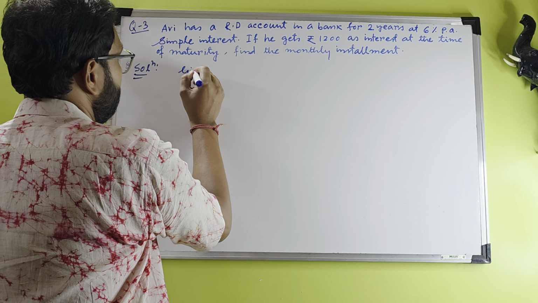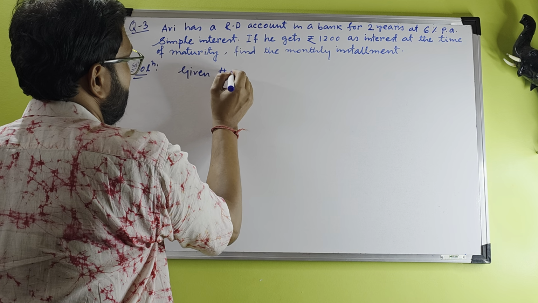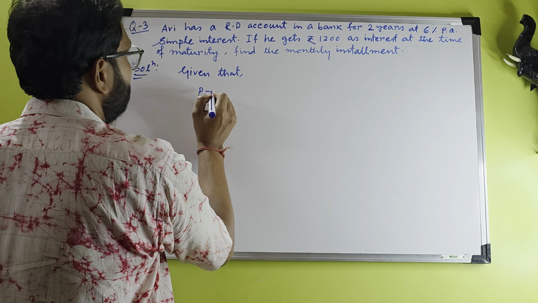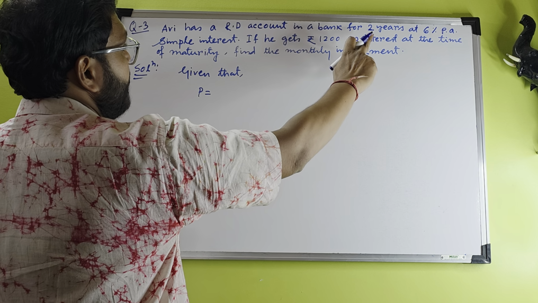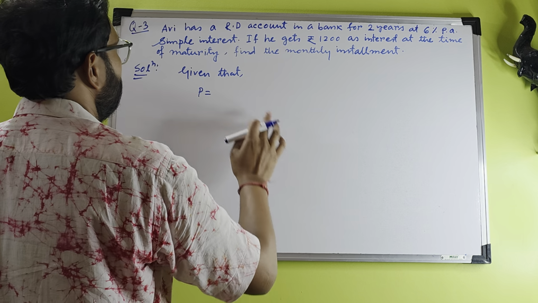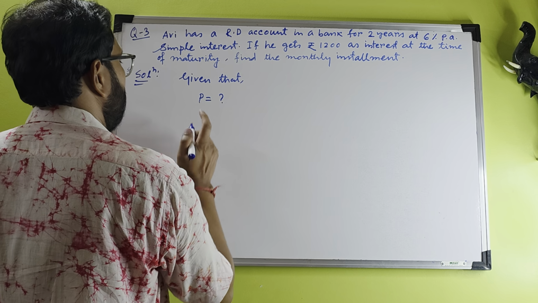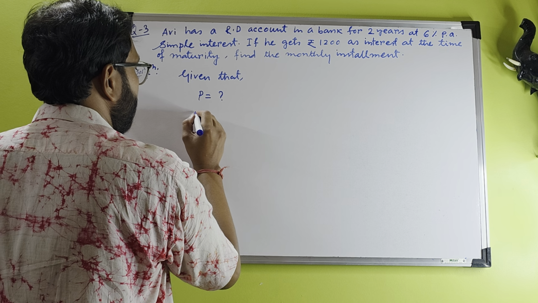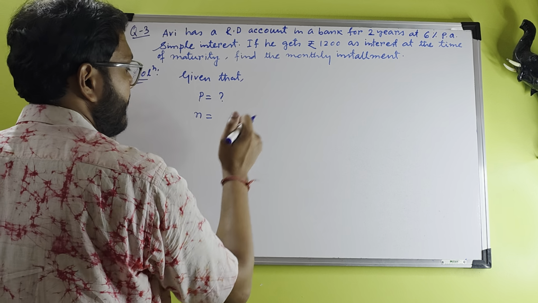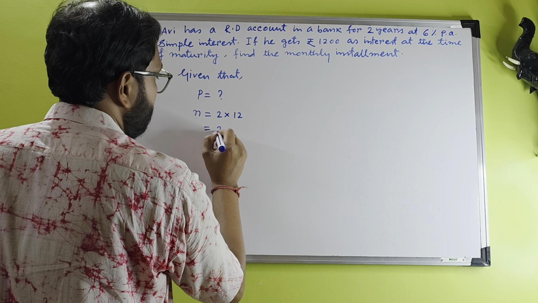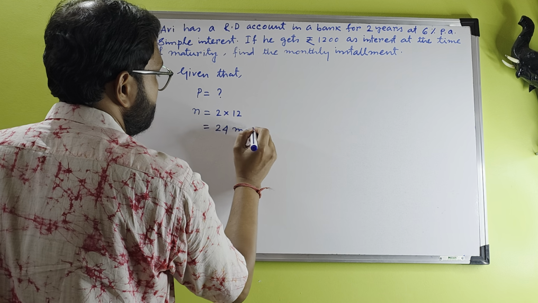So given that P equals to unknown, then N is given, yes, 2 years. So 2 into 12, so 24 months.